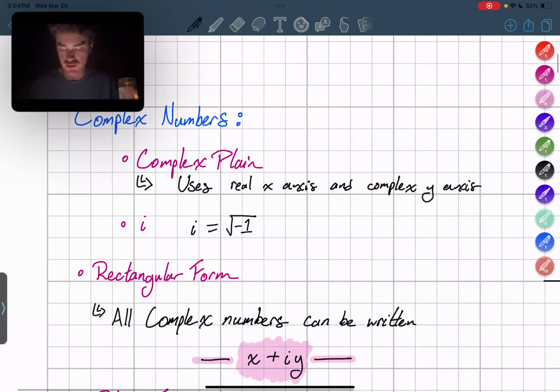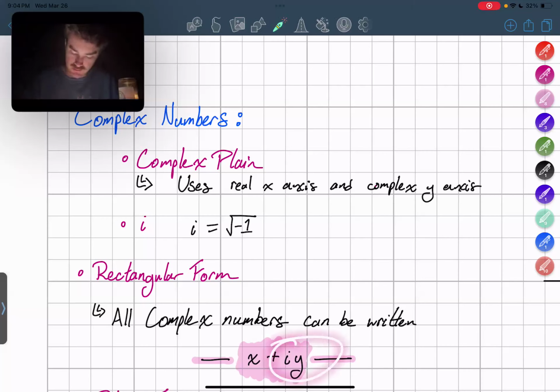And we can talk about the complex plane, which is going to use the real number line as the x-axis and the complex numbers as a complex y-axis. So that y-axis is going to be all the values which have i in them. And for any of you unfamiliar, i is the square root of -1.